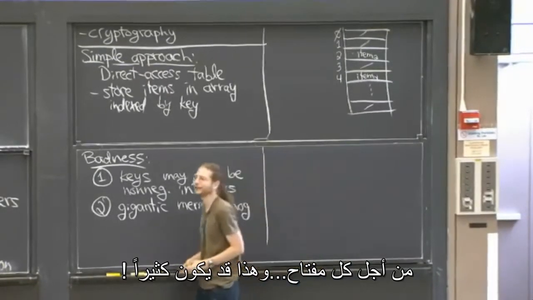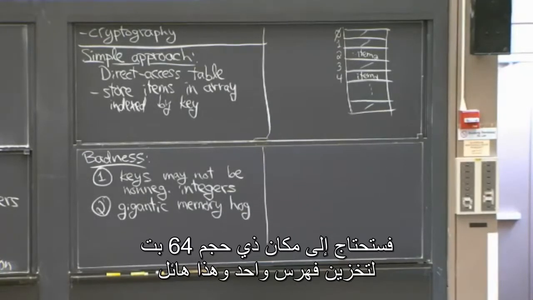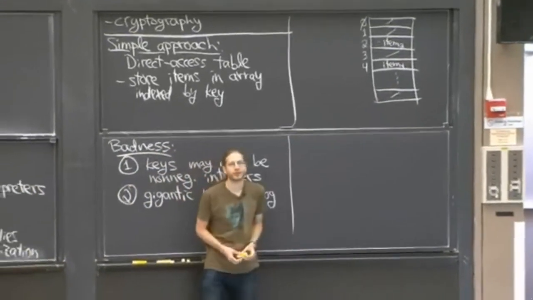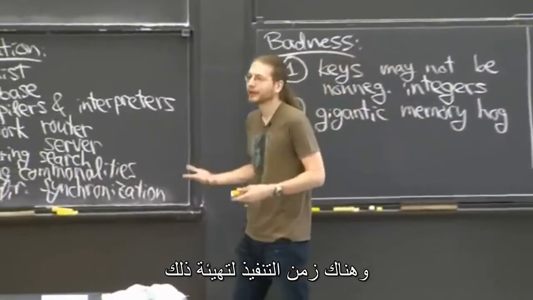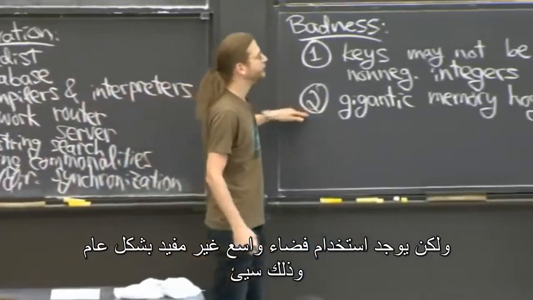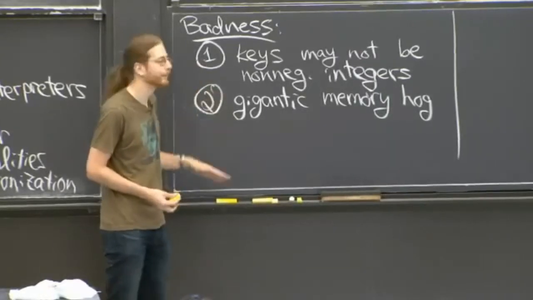That could be a lot. Maybe your keys are 64-bit integers. Then you need 2^64 slots just to store one measly dictionary. That's huge. I guess there's also the running time of initializing that. But at the very least, you have a huge space hog. This is bad. So we're going to fix both of these problems one at a time.